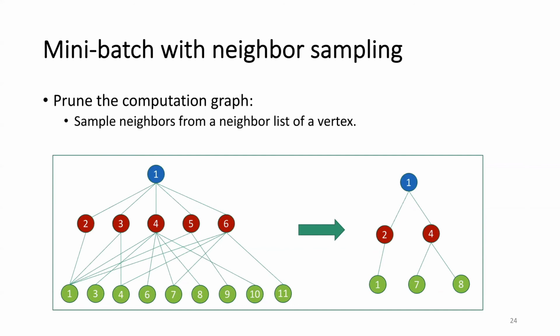Then in that case, I can guarantee that the maximum size of the ego network associated with a particular target node is bounded by the maximum degree raised to the depth of the network. So this is the case in which I have neighbor sampling with a bound of 2 on the maximum number of neighbors that I will be sampling.